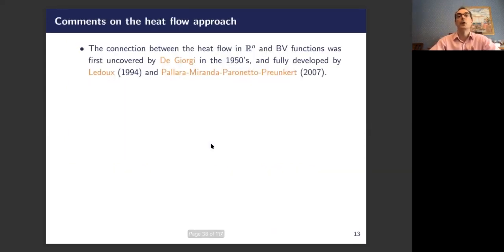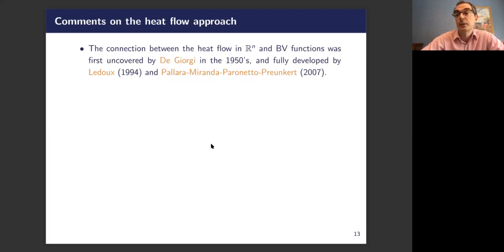Some comments about the heat flow approach to isoperimetry and the L1 Sobolev inequality. Since the origin of the theory of sets of finite perimeter, it was very quickly realized that this theory is very closely and intimately related to the heat kernel and to parabolic differential equations.